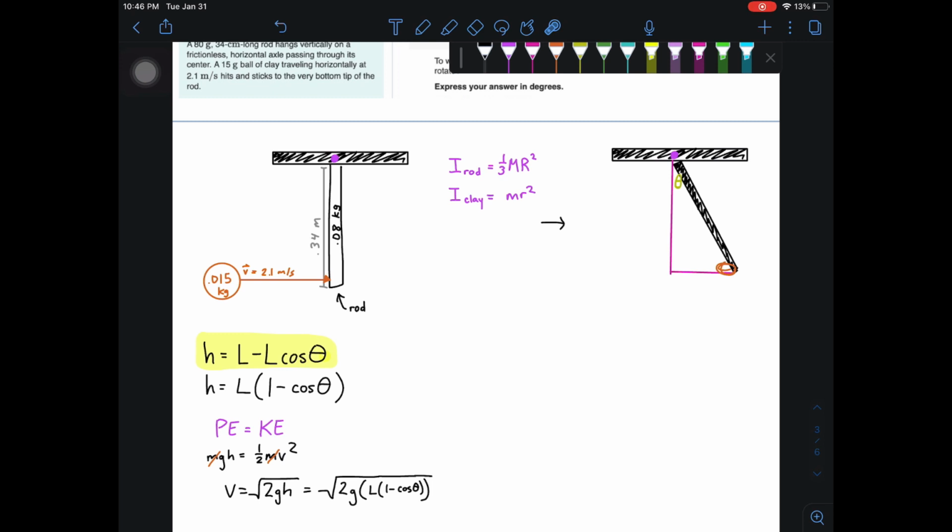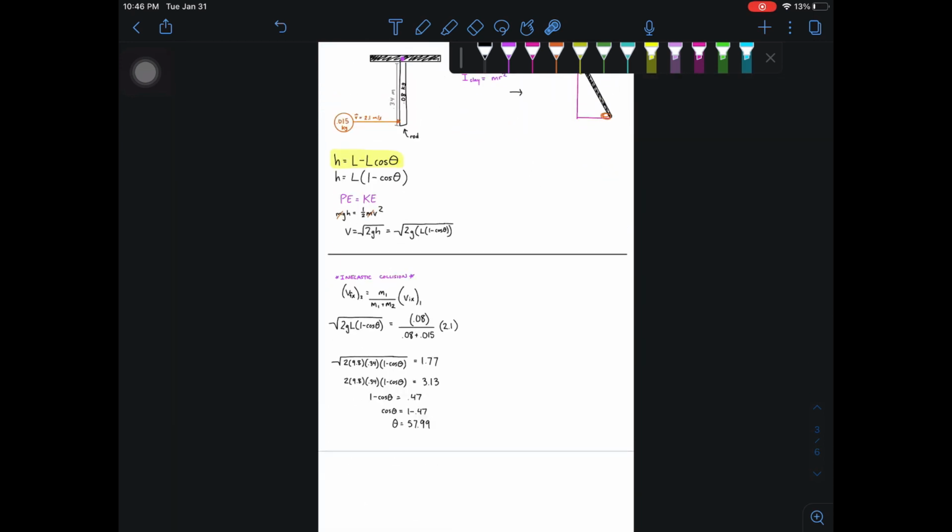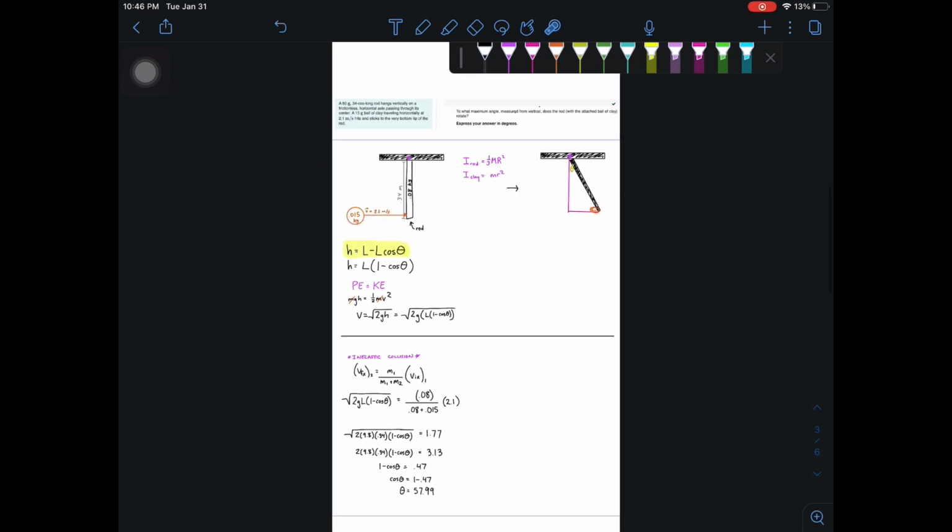Speaking of collisions, another learning objective is relating inelastic collisions to angular movement in this case. A tricky part of that is understanding how to use the concepts of collision in this situation and thinking about how the rod and the ball go from two separate objects to one object, and using the equations that we'll go through very soon in order to find the answer.